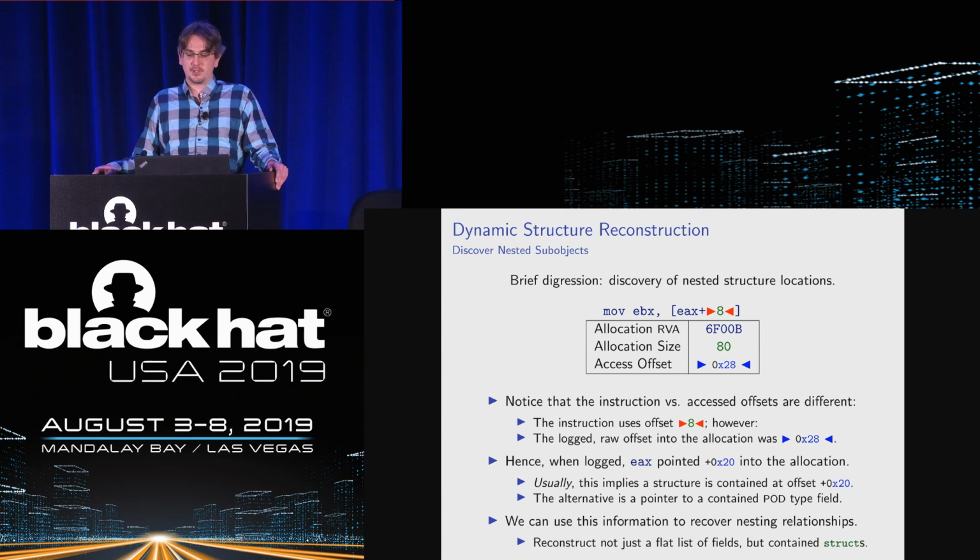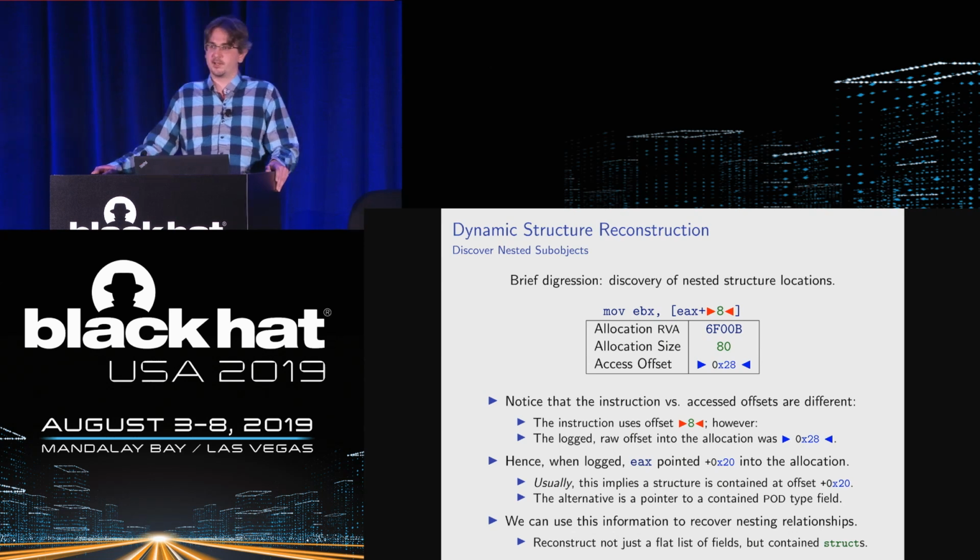The only way that's possible is if at the time that we log this data, EAX was pointing plus 20 hexadecimal into that particular allocation site. That means the program is passing around pointers plus 20 hexadecimal into that allocation, and what that means in brief is that there's a structure that begins at plus 20 hexadecimal. So we can use this information to recover nested structures, not just a flat list of fields.